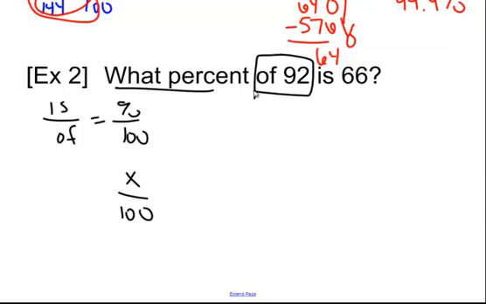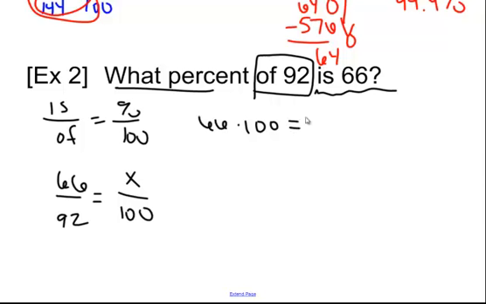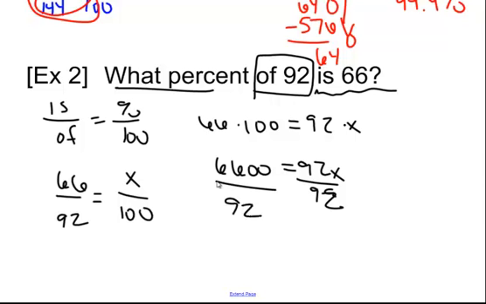Of 92, so our of, which is on the bottom, is going to be 92, is 66, so we're going to put the 66 on top. And we cross multiply. 66 times 100 equals 92 times x. That'd be 6,600 equals 92x. Divide by 92. Divide by 92.